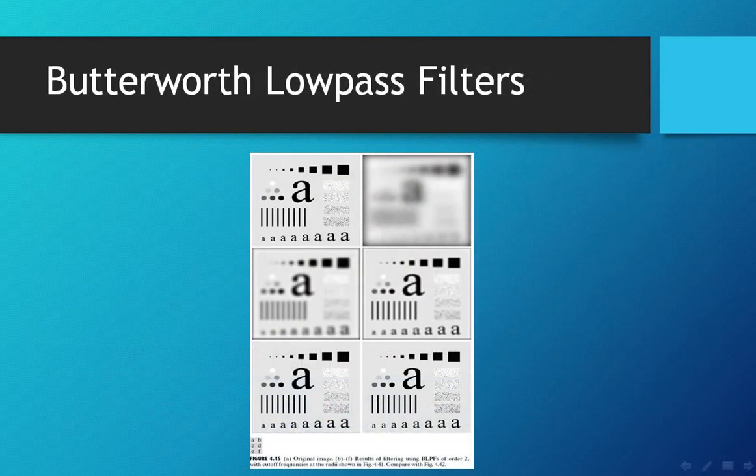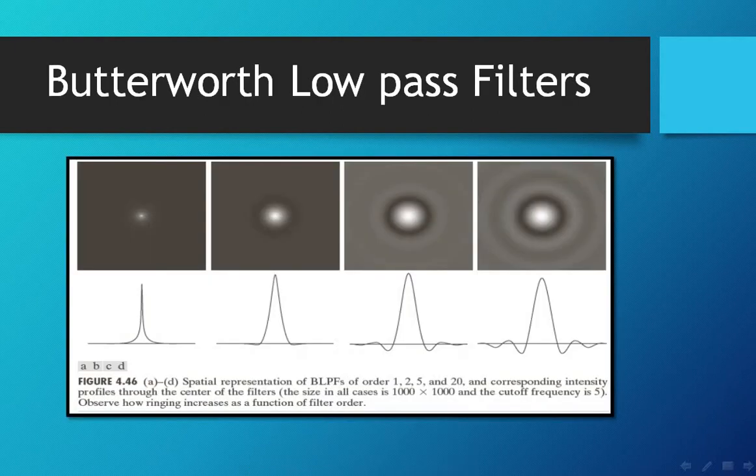In the Butterworth low pass filtering results, the first image is the original image, and the other images, 2, 3, 4 and 5, are results with different cutoff frequencies at radii. You see an example of Butterworth low pass filters.